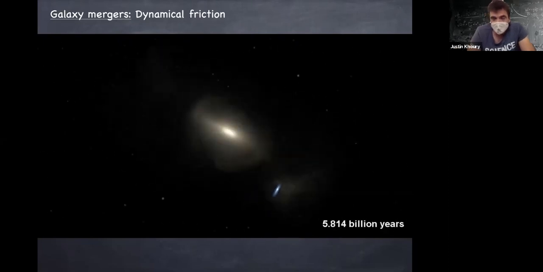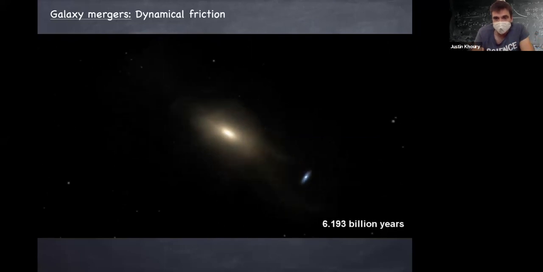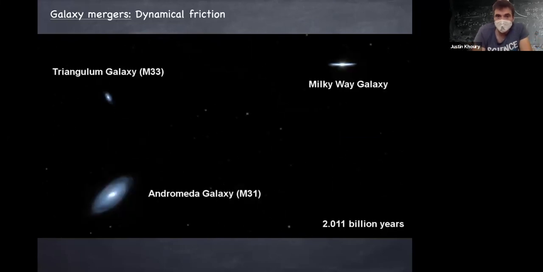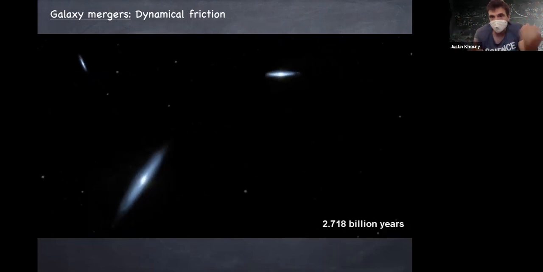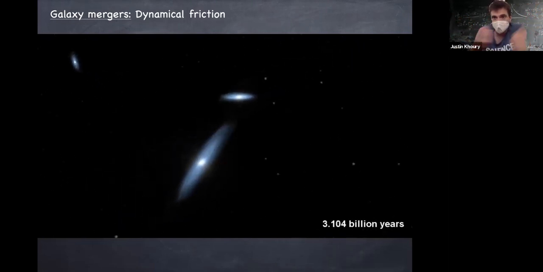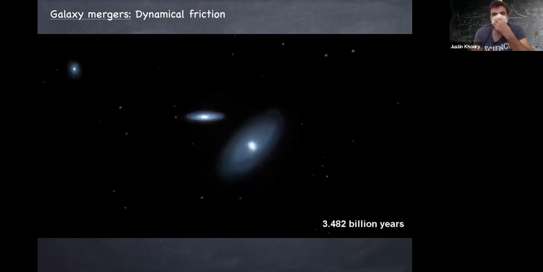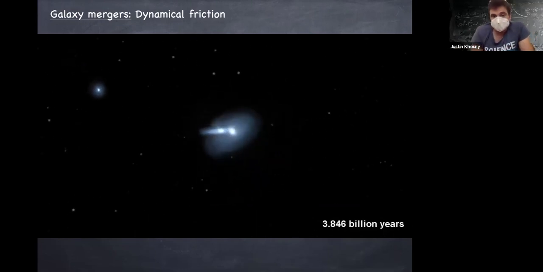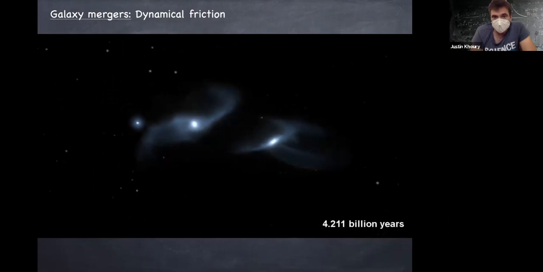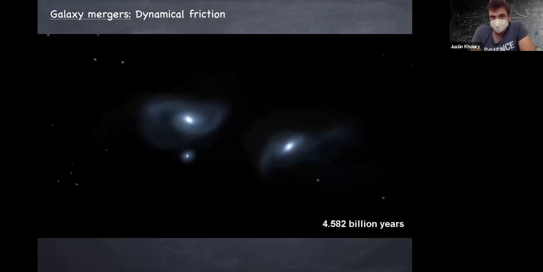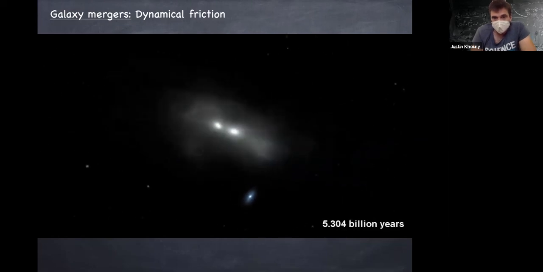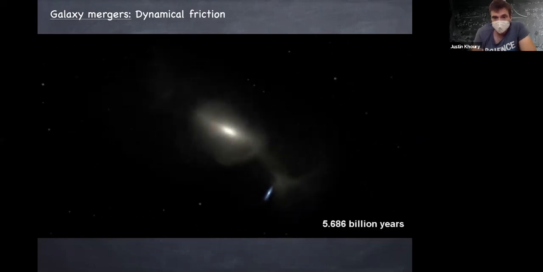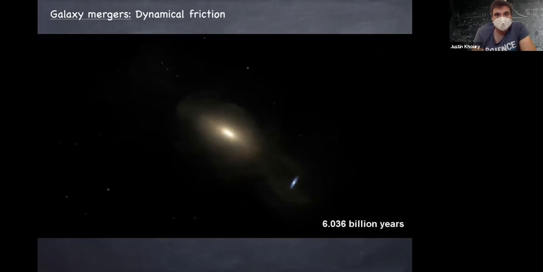If I just quickly replay the movie because it's fun, you see that the way they merge almost appears as if there's some friction force because they're sloshing around and rapidly coming together. This is a well-known effect in gravity known as dynamical friction. It's really what makes galaxy mergers efficient, this sloshing around due to dynamical friction.